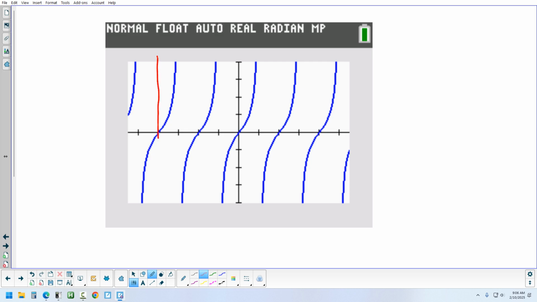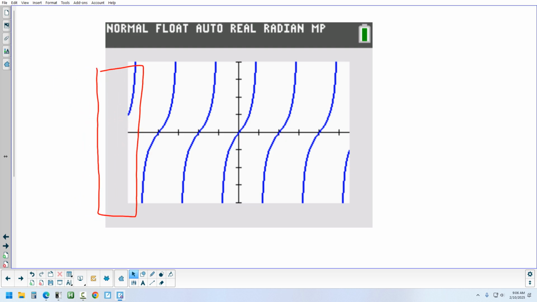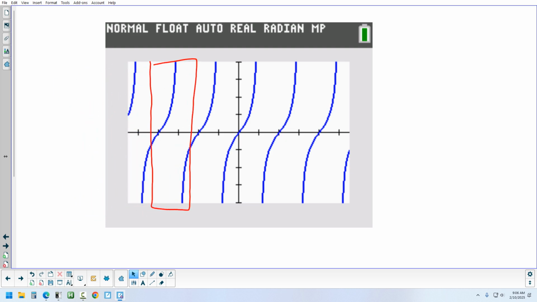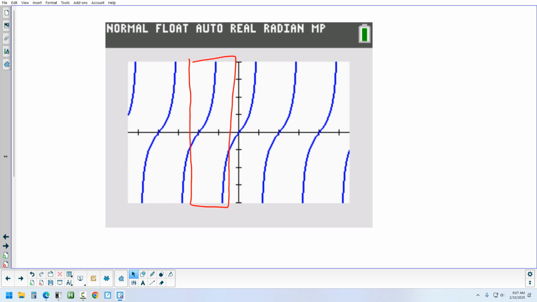Let's draw a box that's 2 tick marks. And if we can, we'd like to find a section that passes it and is connected. So yes, technically something like that works, but I would rather find a section that's connected. So we could use that section, that's in the negatives, or we can use a more common section, which is that one.